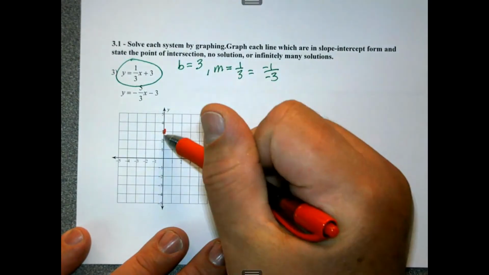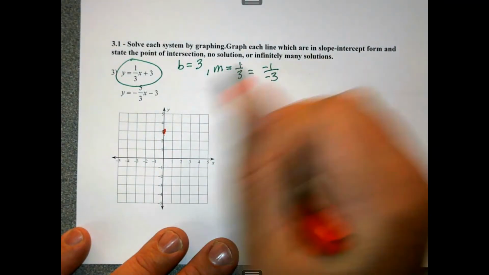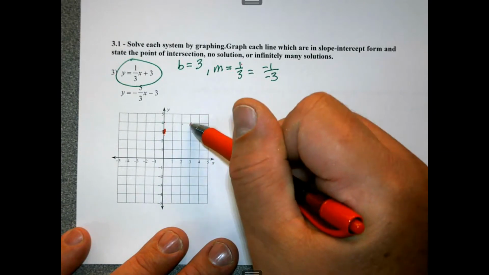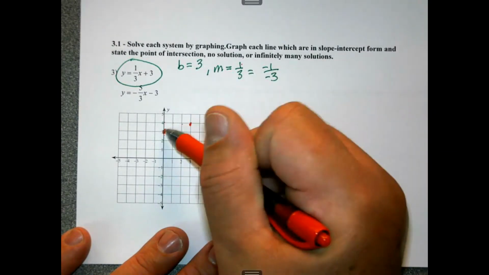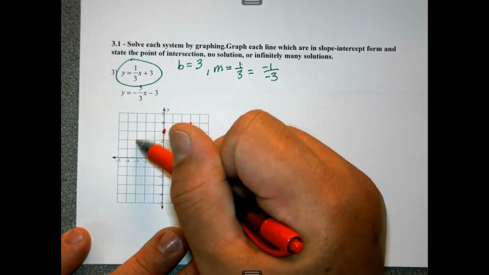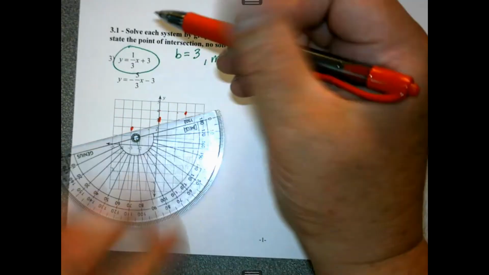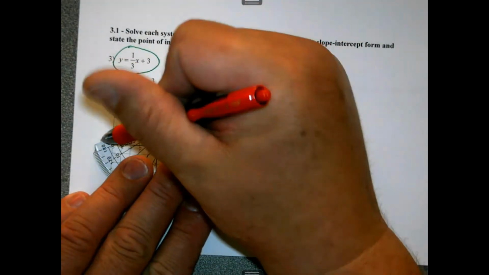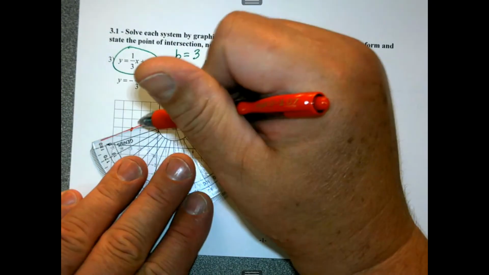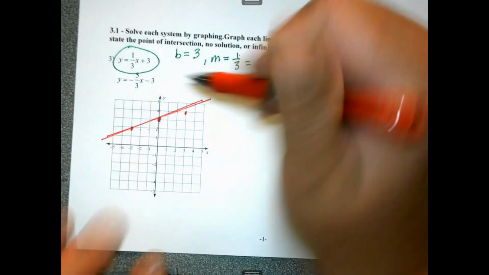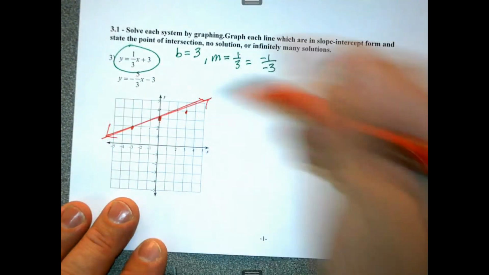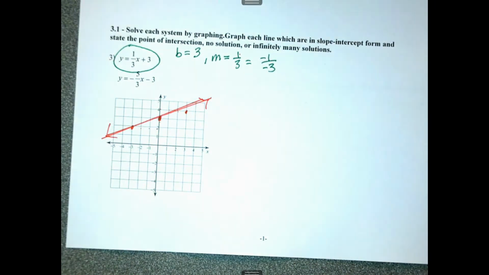I'm going to go up 1 to the right 3, or down 1 to the left 3. On my line. Oops, that's a little off. Still off. Then graph the other line.